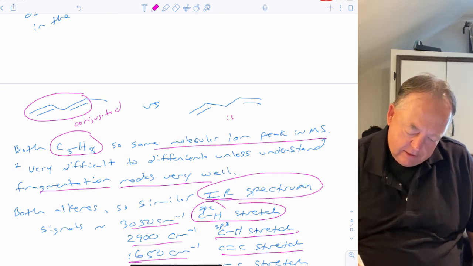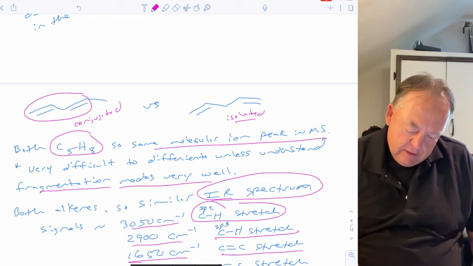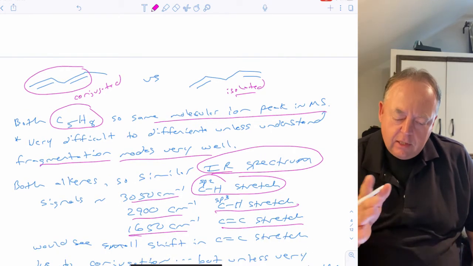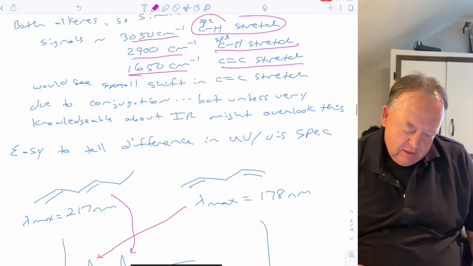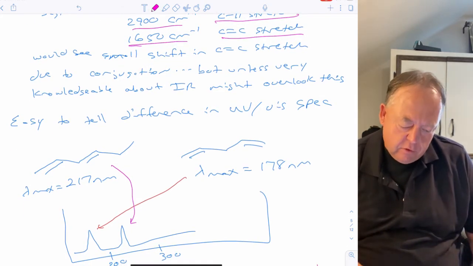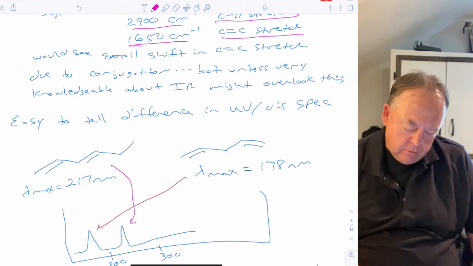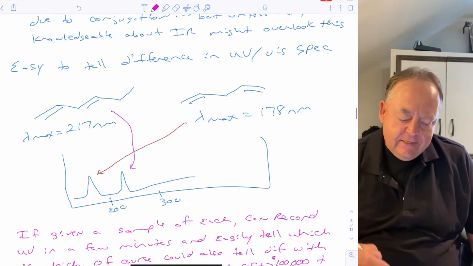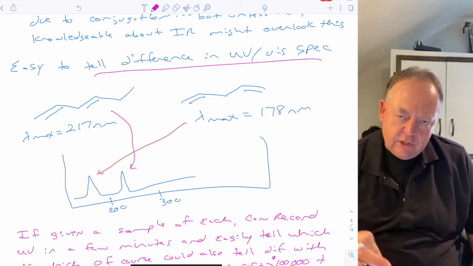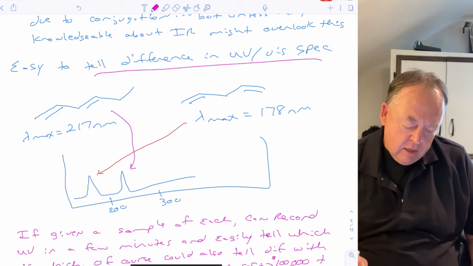And these are isolated. So where the double bond C stretch occurred would be slightly different, but not a lot different. So it could be difficult using IR to differentiate between those two molecules, but it would be very easy to differentiate them using UV Vis spectrometry because conjugation has a big effect on where the signal occurs.